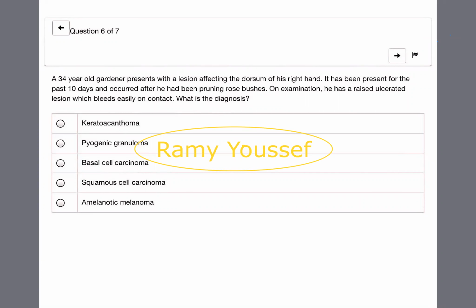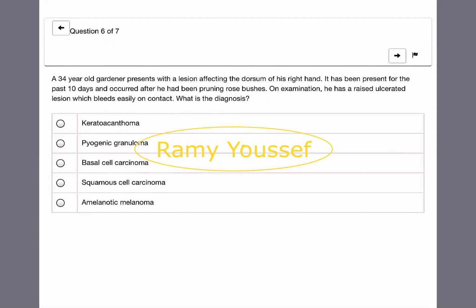This is the same question with the same choices. Last time the choices were amelanotic melanoma, squamous cell carcinoma, and adenocarcinoma.